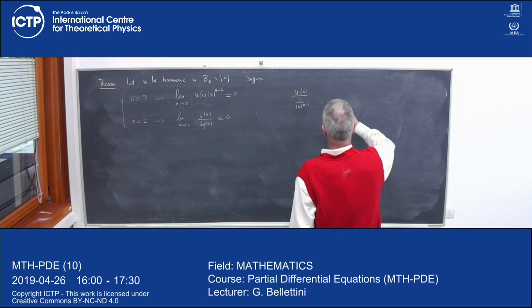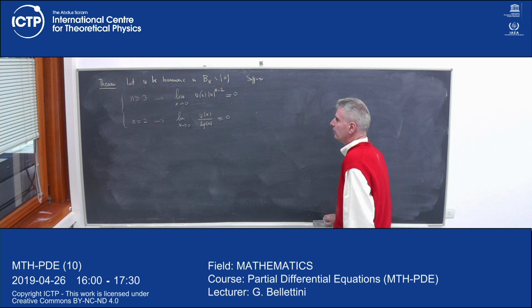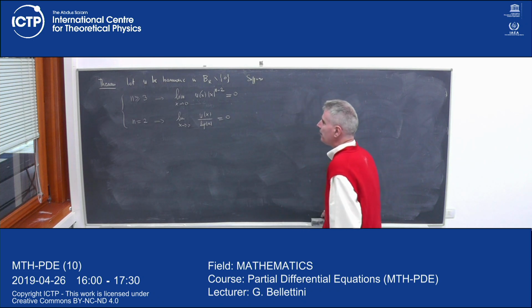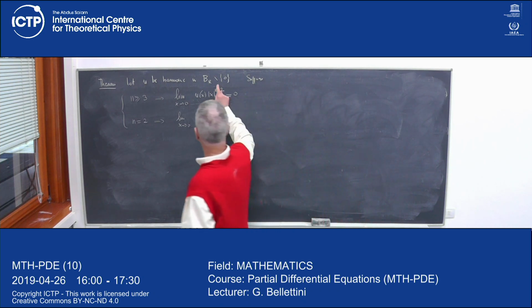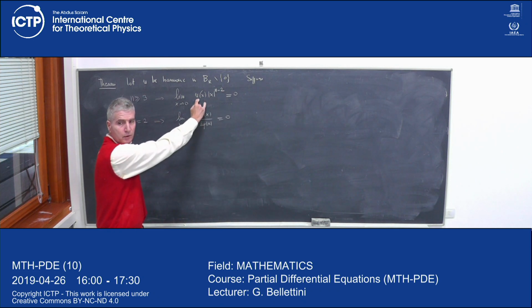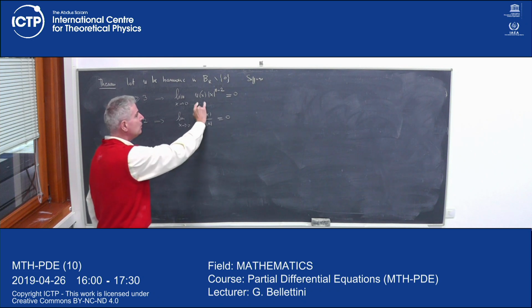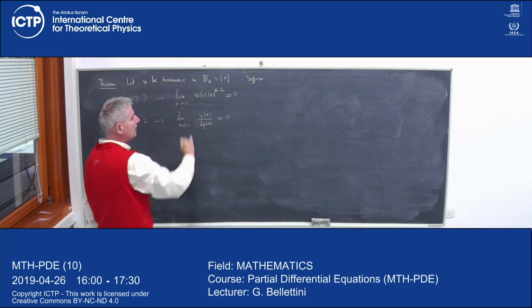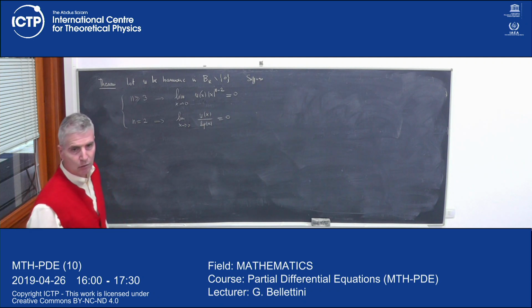Then the singularity. So since this goes to 0, this in principle could also go to infinity, could be unbounded as x goes to 0, but unbounded of the form that this times this must tend to 0.